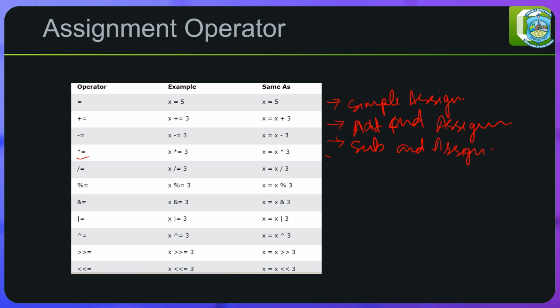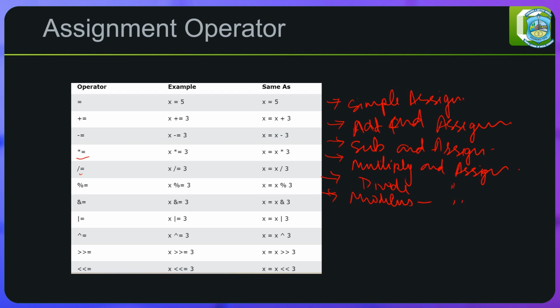Multiplication equal to stands for multiply and assign. Division equal to stands for the same, divide and assign. Modulus equal to stands for modulus and assign.